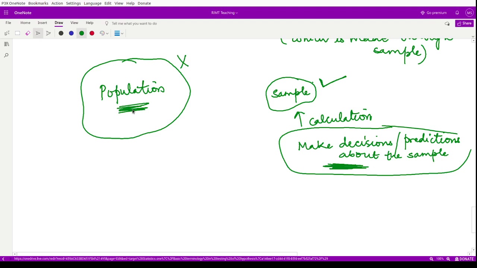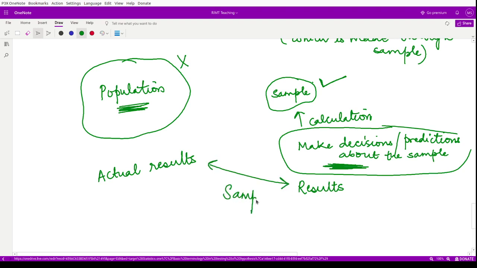So whatever are the actual results, which are the parameters for this population, and whatever results you got by applying statistics to your sample, whatever the error between these two is known as sampling error.